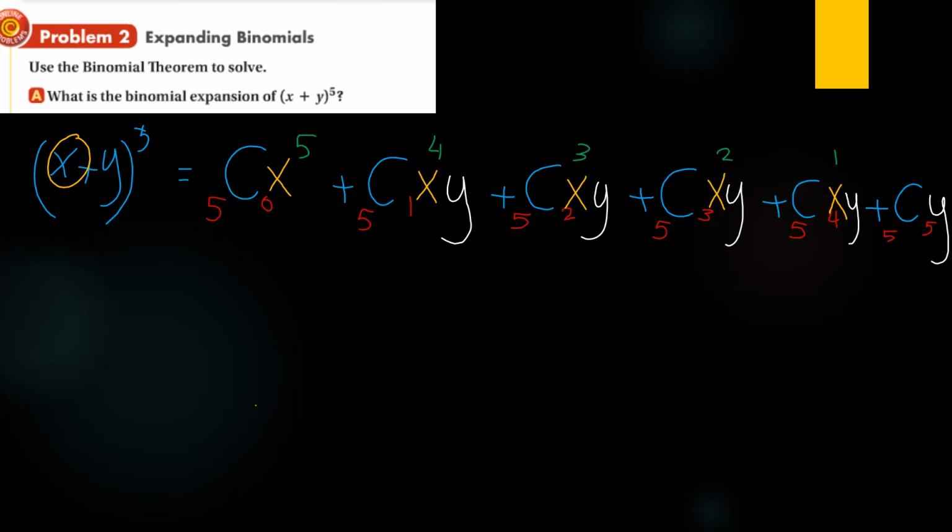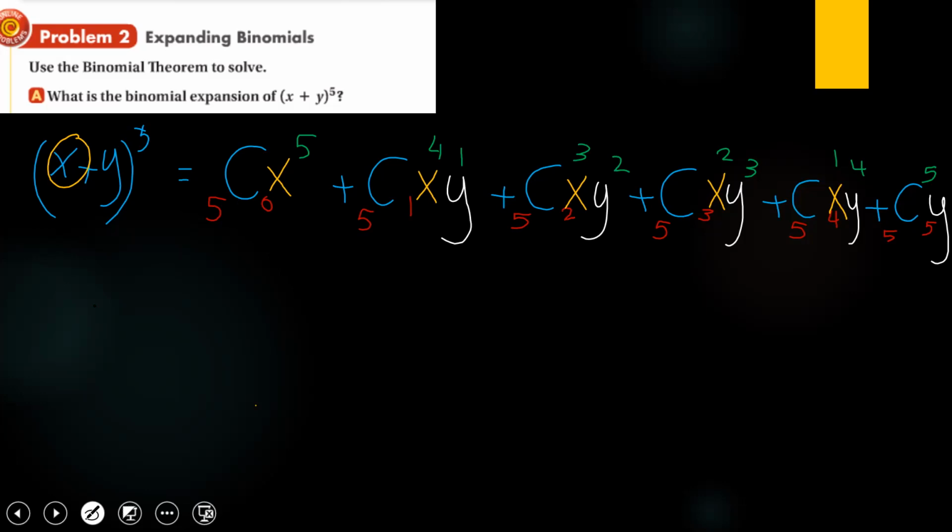You will count back. And for y, you say 1, 2, 3, 4, 5. For the first term, you count back; for the second term, you count on. 5, 4, 3, 2, 1, 0. And the y, 0, 1, 2, 3, 4, 5.